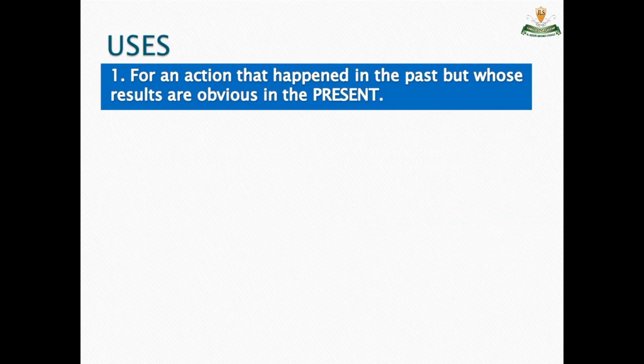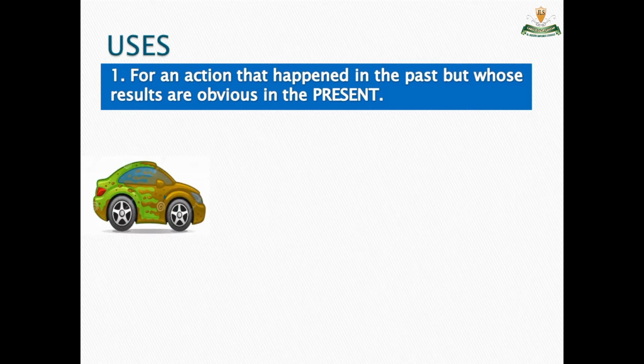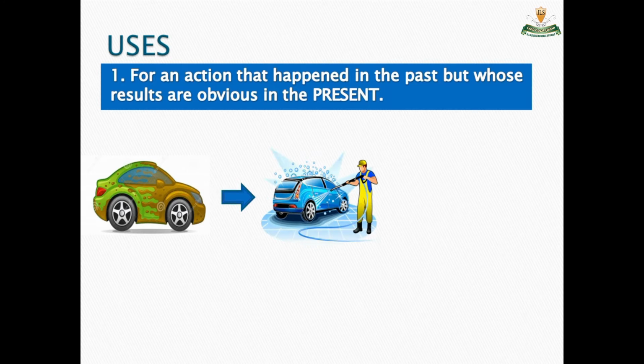The uses of this tense. Number one, for an action that happened in the past but whose results are obvious in the present. It means the result exists in the present. Look at the car. It's dirty. Look at the second picture. The man is washing the car.